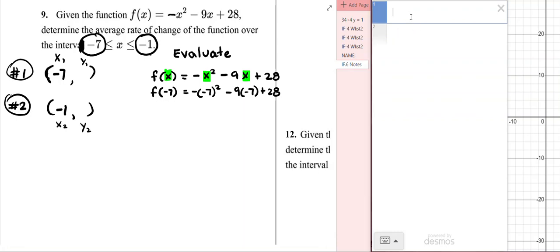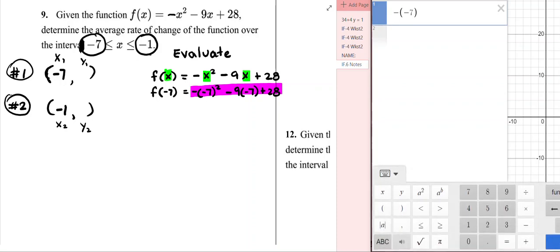That's exactly how we're going to type it in. We're only typing in this part; you don't type the f of negative 7 into the calculator. Type in negative, parentheses, negative 7, close the parentheses, square.